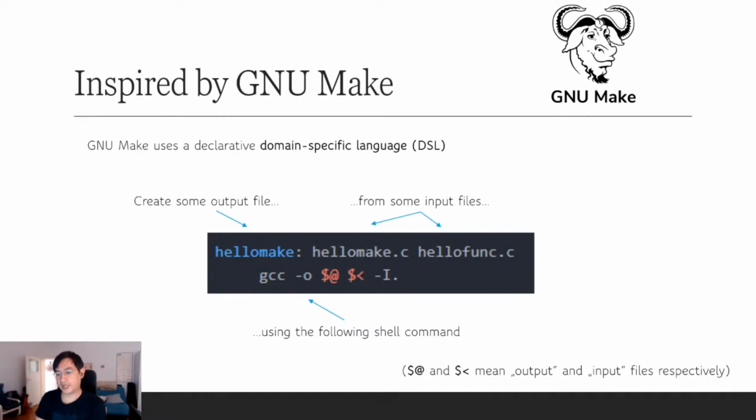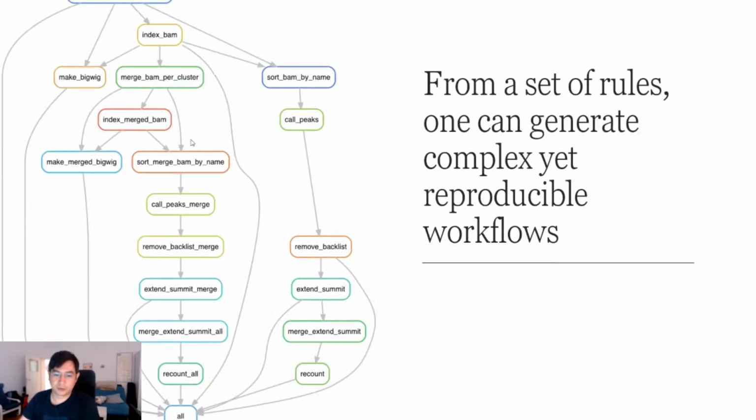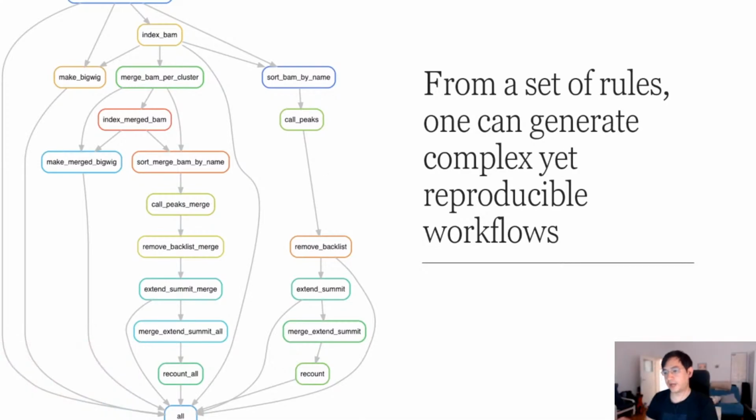But in a declarative language, we say instead, I want to create this file, and here's how this file is created from some other files, and you figure it out. You tell the program, you figure out how to create this file. So it's a declarative language. And from these simple rules, you can start developing really complex workflows that are nevertheless clear and reproducible. That's the general idea behind this whole set of the Make family of software.